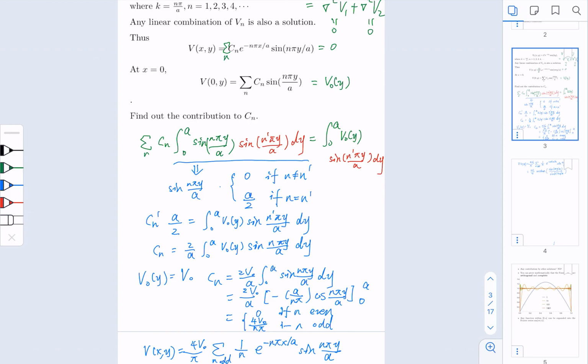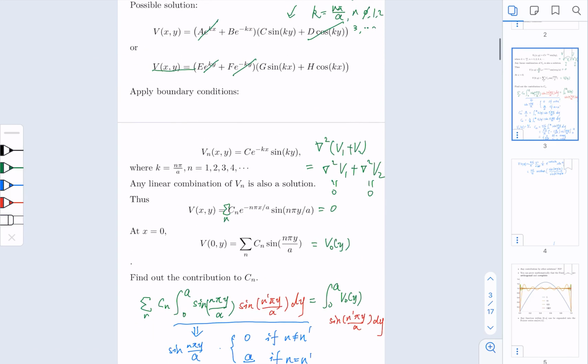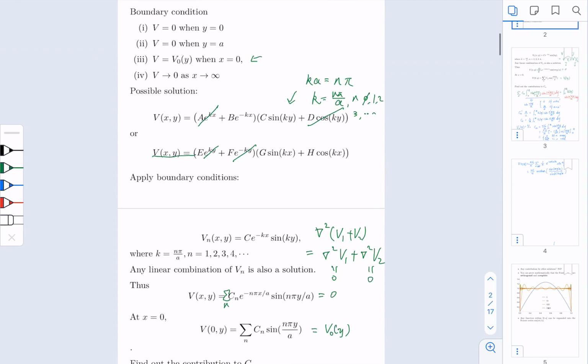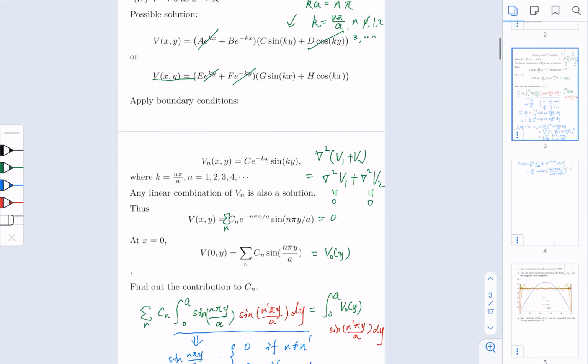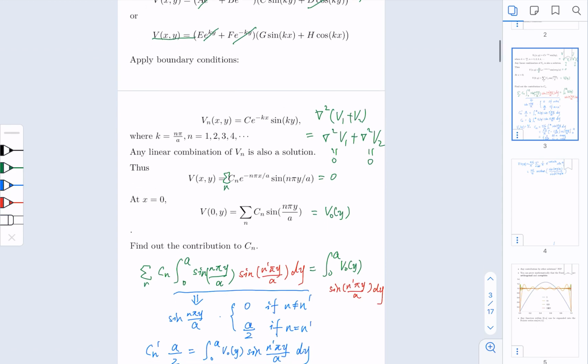Okay, next we will try to use this technique. First write down the complete set, that is, write down the result as a function like this, where the Cn are coefficients that are unknown to us, and then we determine what the Cn are by the boundary conditions.